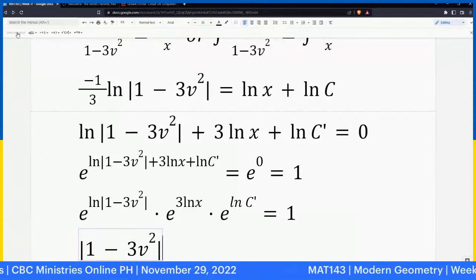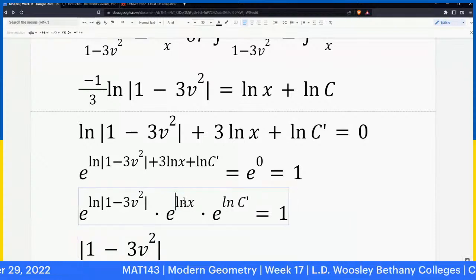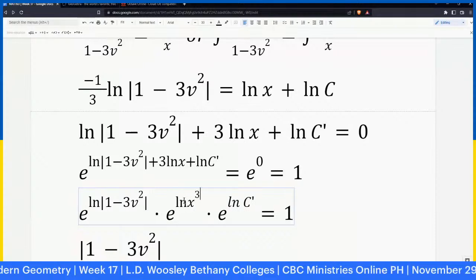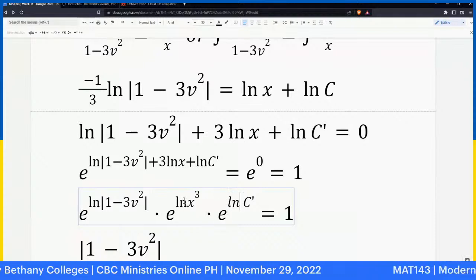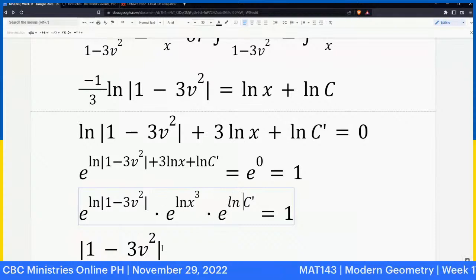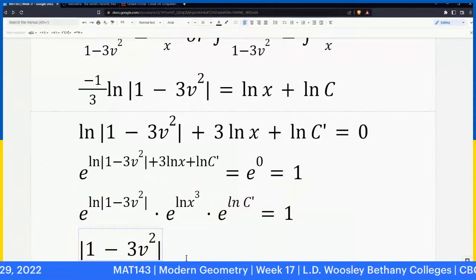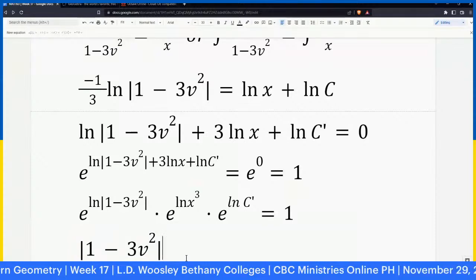Times. Ito naman, kung i-convert natin tong 3, gagawin mong ln of x cubed. Okay? What is e raised to ln x cubed? Micaela?